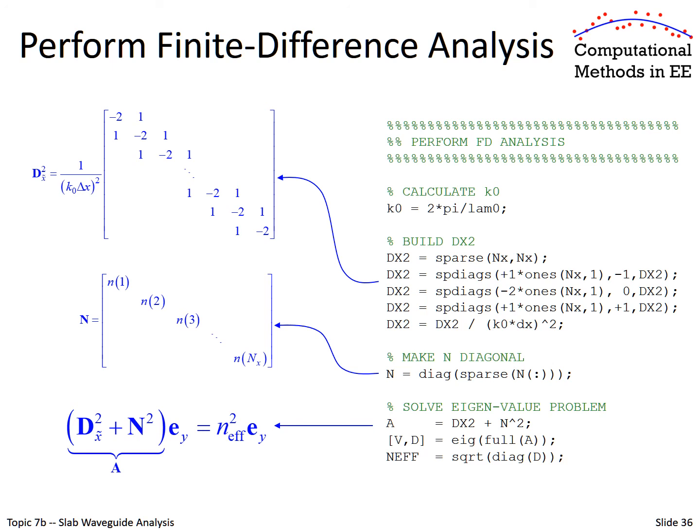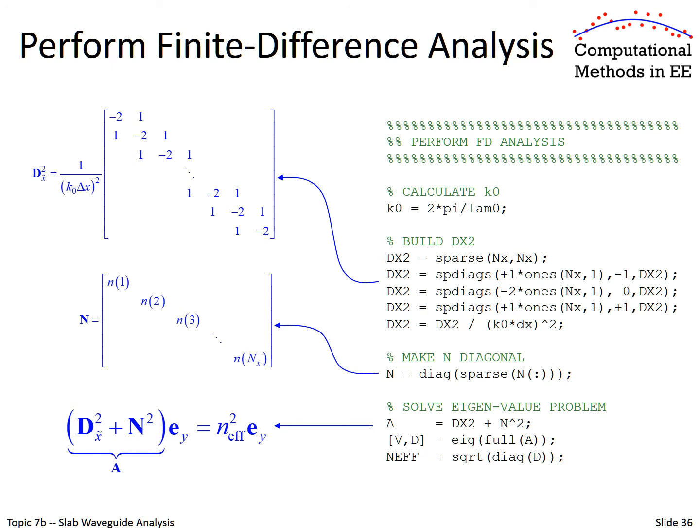So under this heading build dx2, I'm building this big square matrix that would calculate a second order derivative. Now, of course, we're not using it to actually calculate the second order derivative. We're using it to build the bigger matrix A. So the first thing I do is I set it all to zeros and call it a sparse matrix.